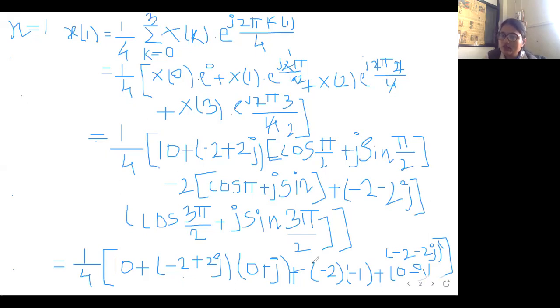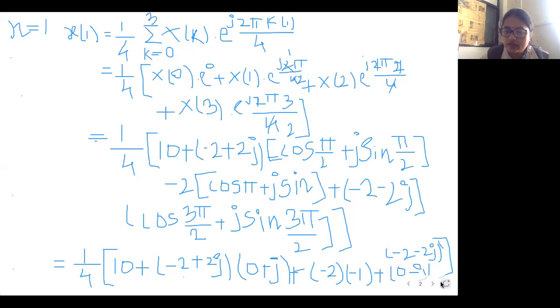The value of j square is always equal to minus 1, since j is always under root minus 1, so j square is minus 1.